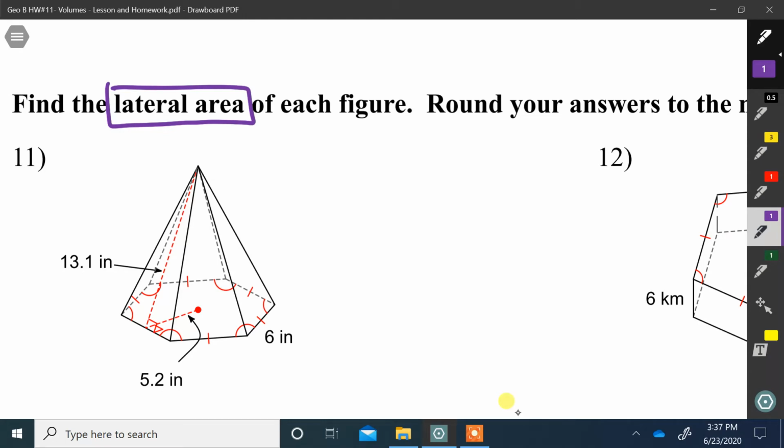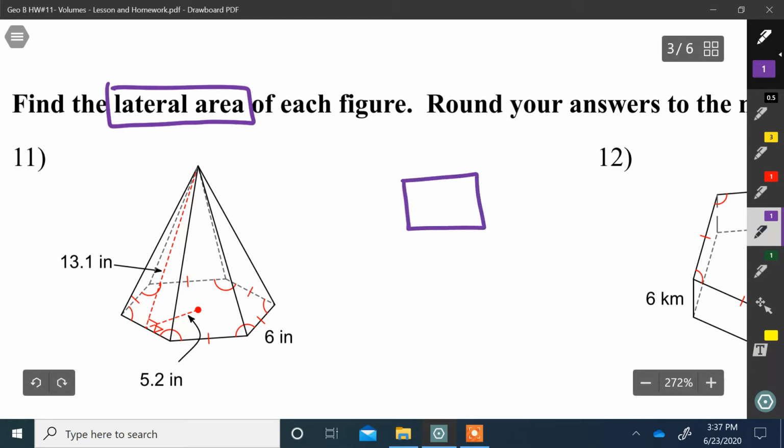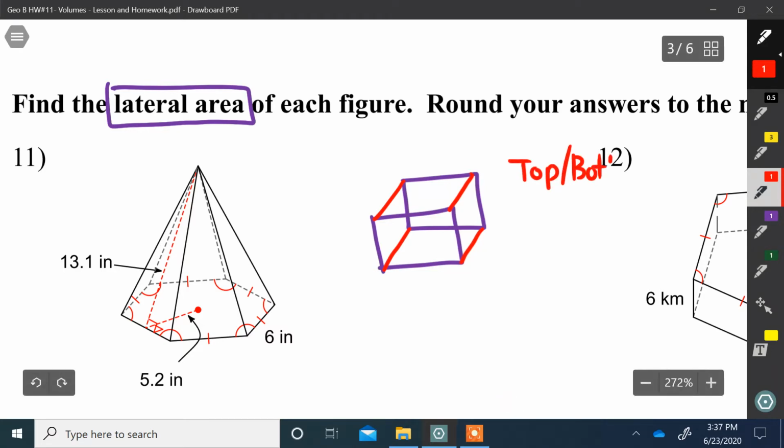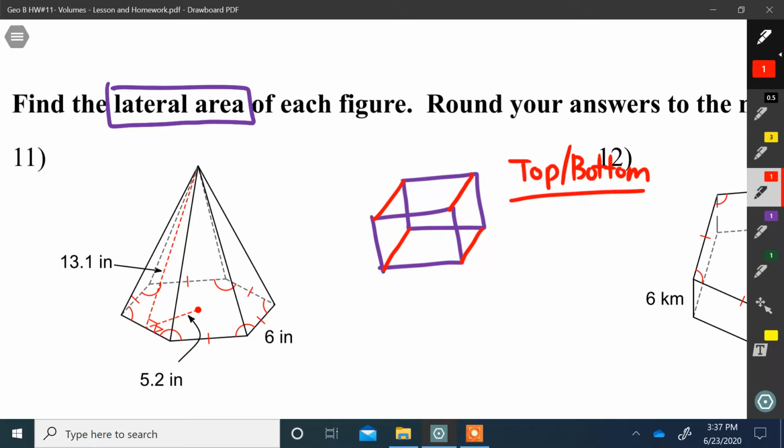So if you have a box, I'm going to draw my box here, and I'm probably doing a poor job drawing it. That box has a top and a bottom. Do you guys agree with me? So lateral area is pretty much surface area without the top and the bottom.